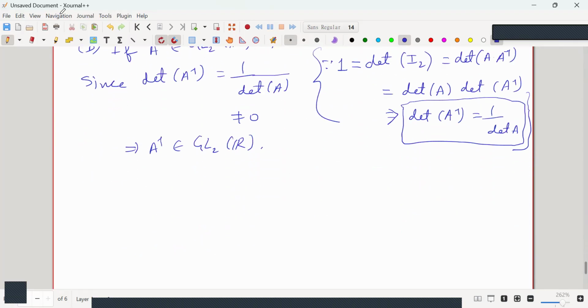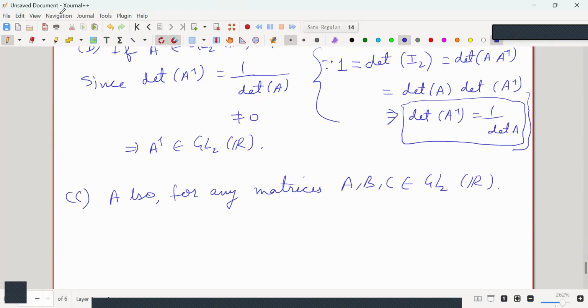Now what about the associativity? Also, for any matrices A, B, C in GL2R, or not just GL2R, we can just say for any 2 cross 2 matrices, or I think square matrices is enough.